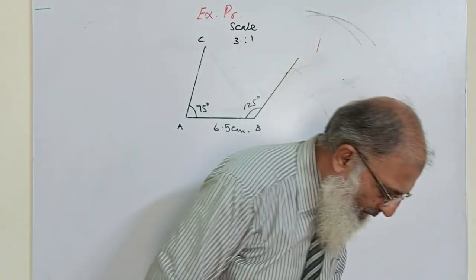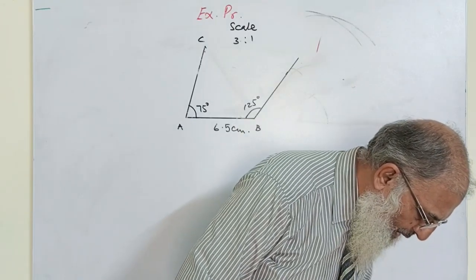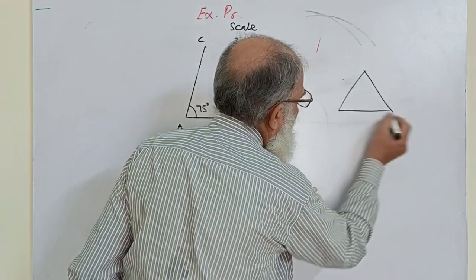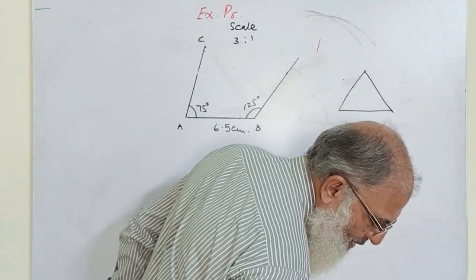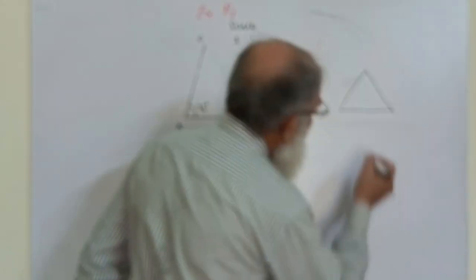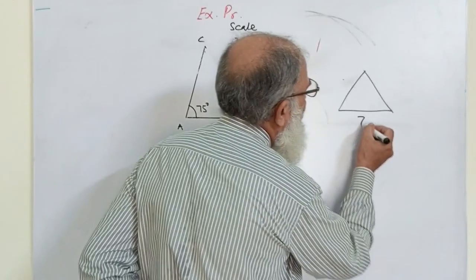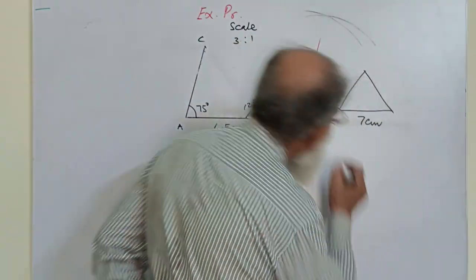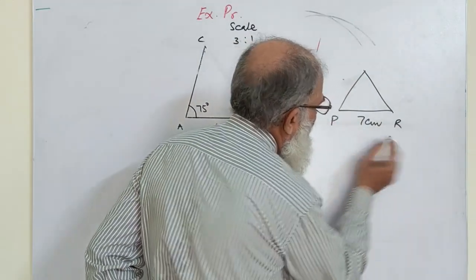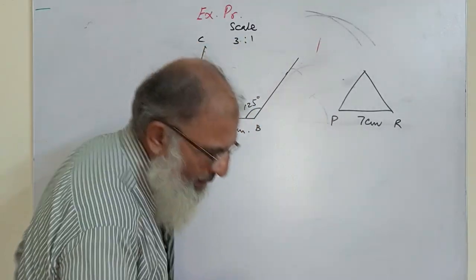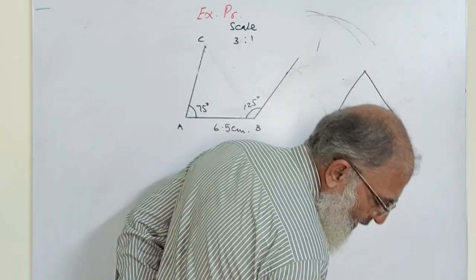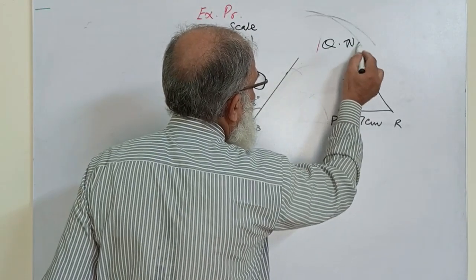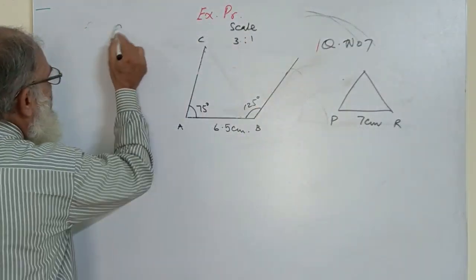Now we have to draw triangle PQR. As I told you, when you are given a triangle to construct, choose the side which is the longest in length. Now this is PR. This is question number 7; this was question number 6.